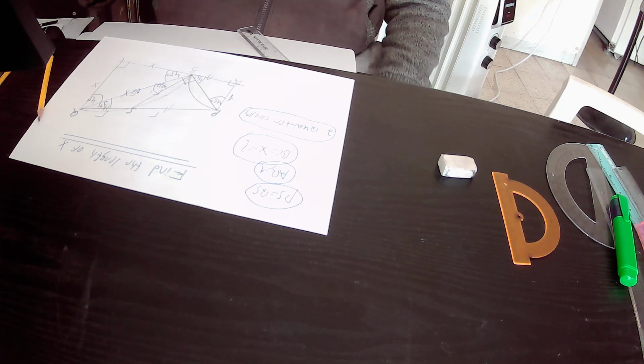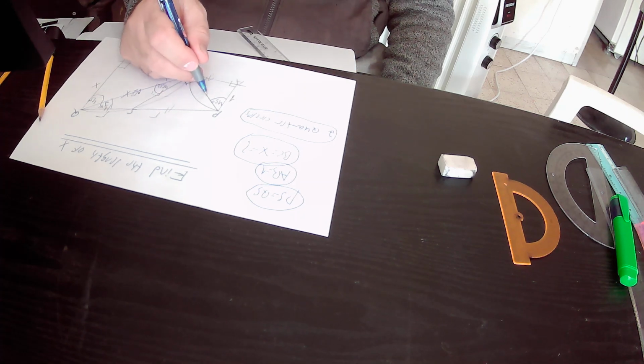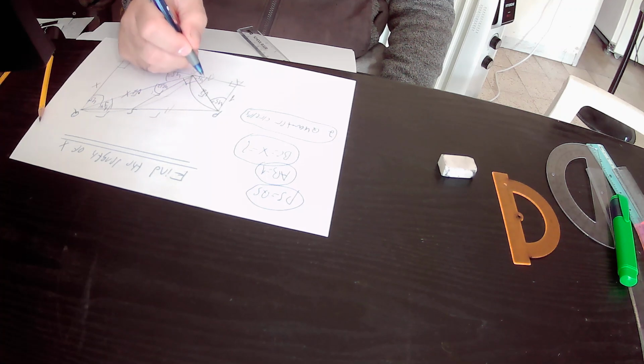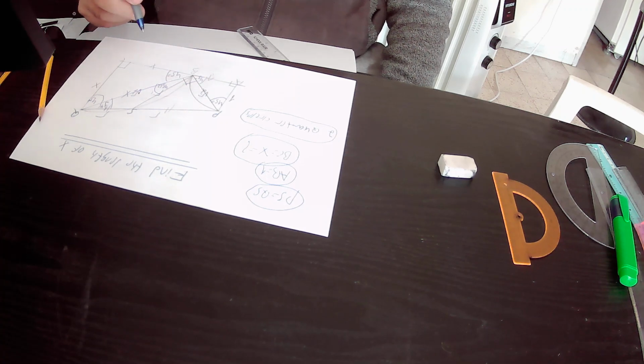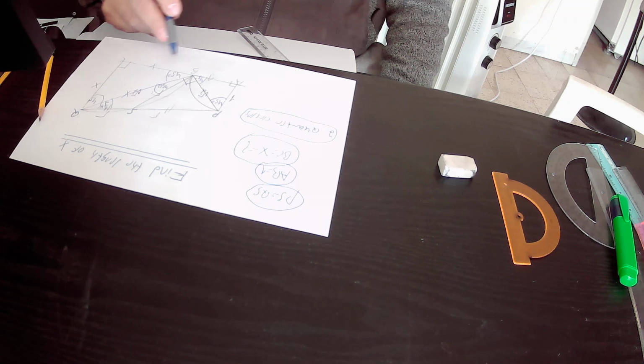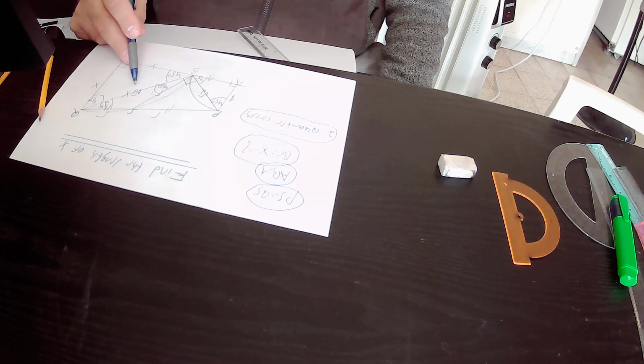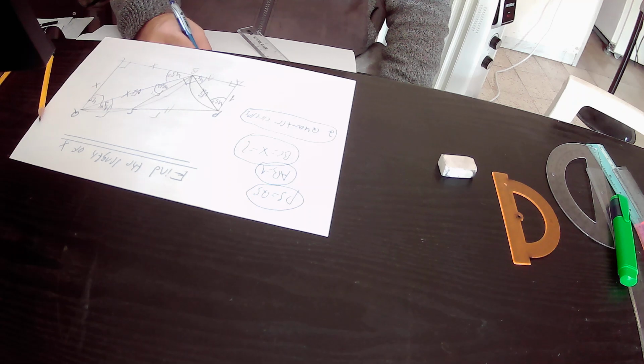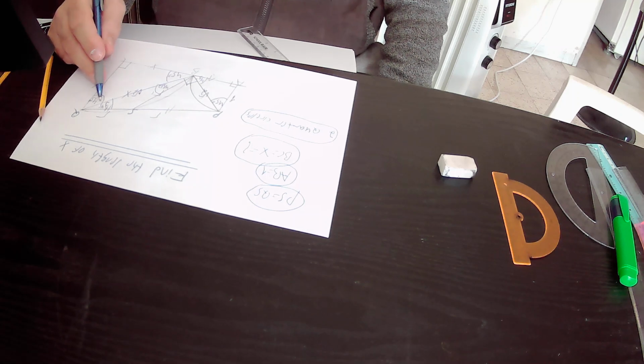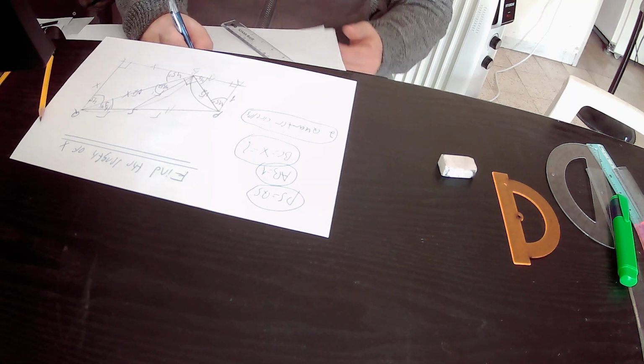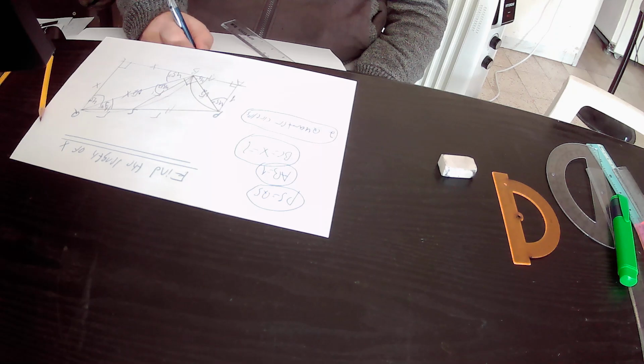We have already found out that PB equals the square root of 2 units, and BQ equals 2 times square root of 2 times x units in its length. And this is angle alpha that is equal to 45 degrees over 2, that is actually 22.5 degrees.